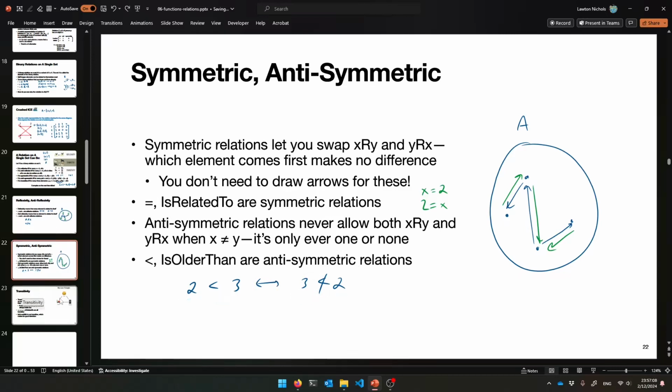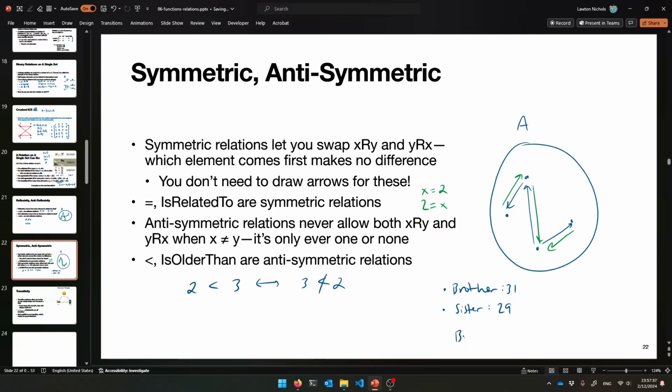And then, let's see. "Is older than" is an anti-symmetric relation because it only goes in one order, just like less than or greater than would. So, for example, I'm a brother, and I am 31, and I have a sister, and she is 29, and I am older than her, right?